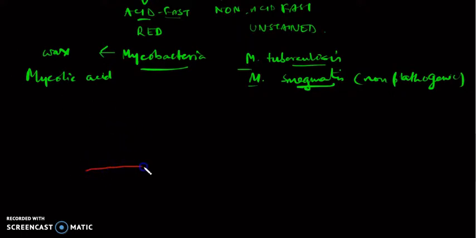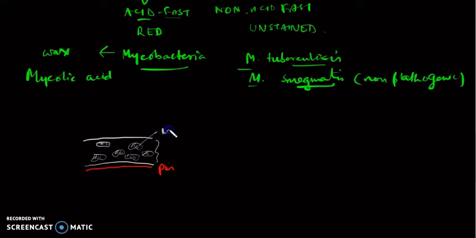So if this is the plasma membrane and this is the thick peptidoglycan layer, just like other gram-positive bacteria, within this peptidoglycan layer they contain certain large organic molecules. Those are waxes, and they have been called mycolic acids.